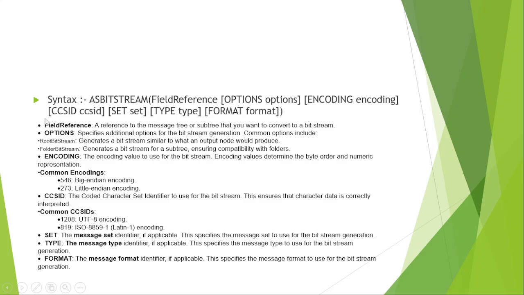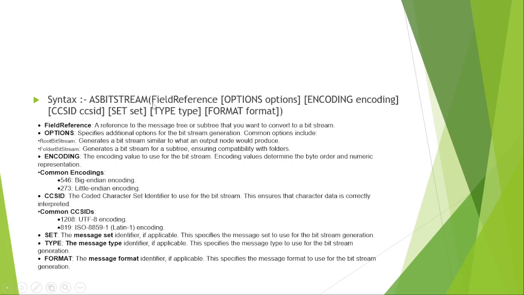Let's quickly elaborate on all the syntax we have written here. What is the field reference? A reference to the message tree or subtree that you want to convert into the bit stream.